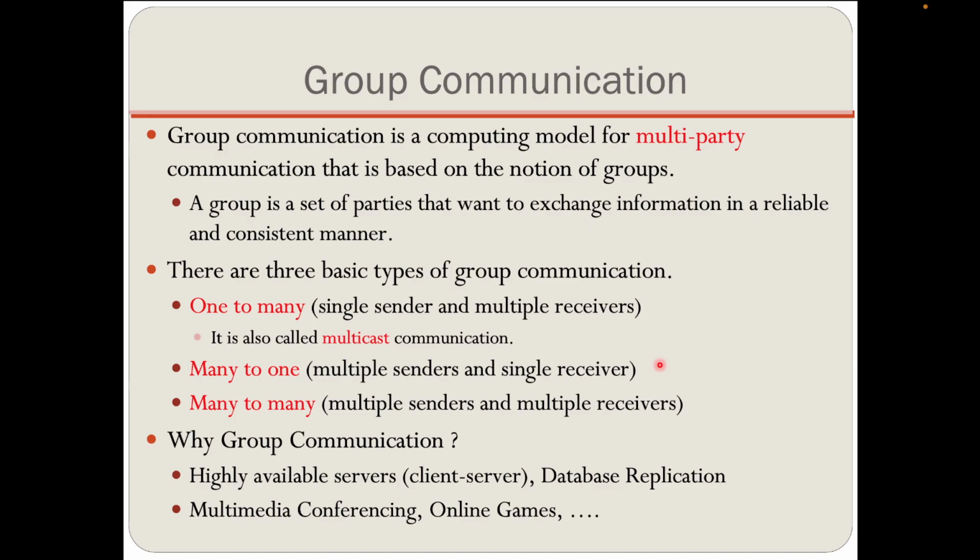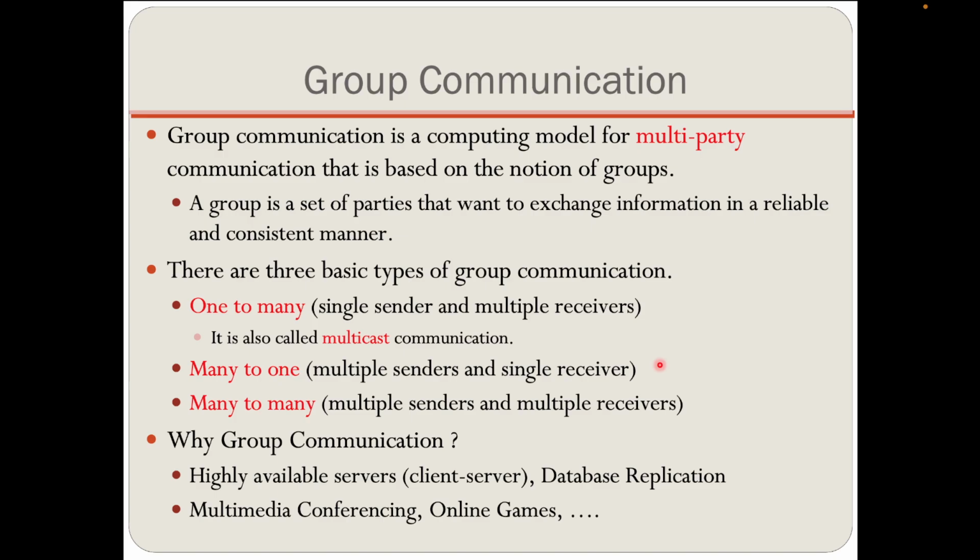Group communication happens among multiple parties, based on a notion of groups. A group usually means a set of parties or processes that want to exchange information in a reliable and consistent manner. Not only reliable, but also consistent. Reliable means the message can be delivered to all anticipated parties. Consistent means everybody receives the message in the same consistent way.